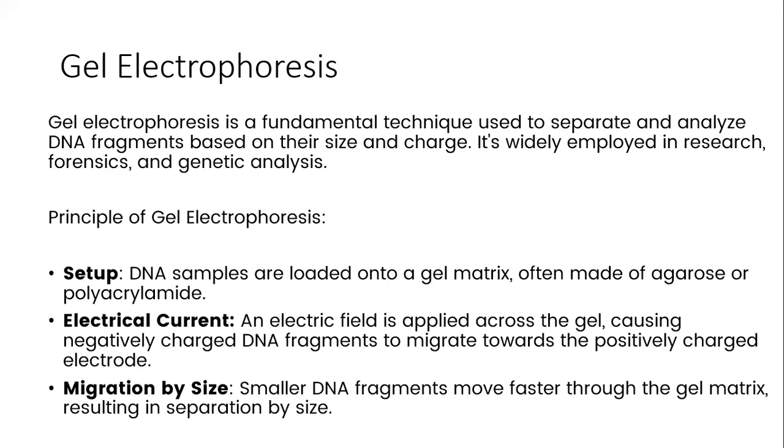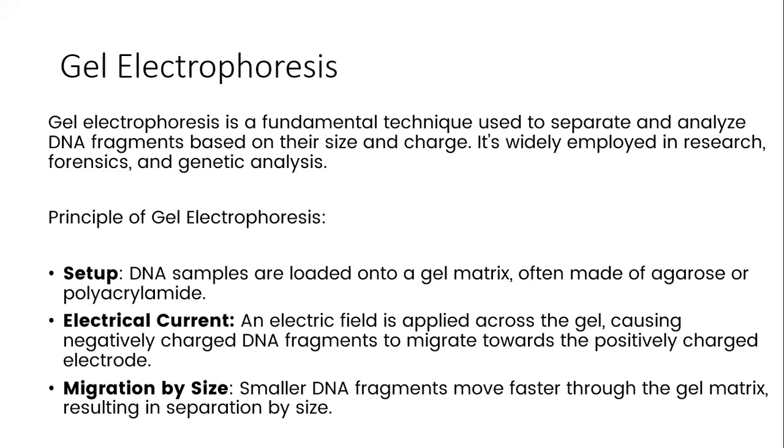So for the setup, DNA samples are loaded onto a gel matrix, often made of agarose or polyacrylamide. I'm going to butcher those names. That's the one thing in biochemistry I don't like. It's just the long names. But then you run an electrical current, and if you're aware, your genetic material does have a charge.